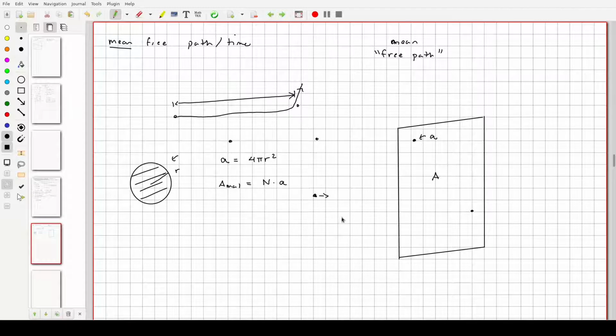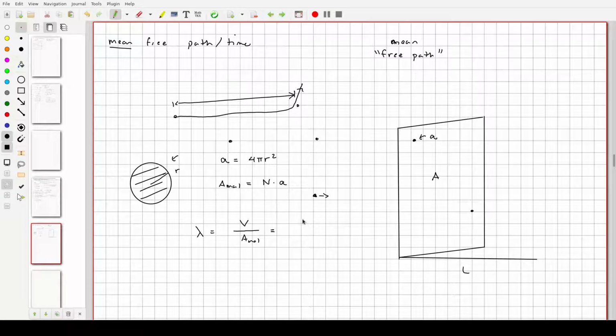So if I were to think about this now, not so much as just an area, but as a volume, it has a depth, which we'll call L. Then how far one particle would need to go in order to hit a neighbor would be that volume divided by the area of all the molecules that are there saying, you can hit me.